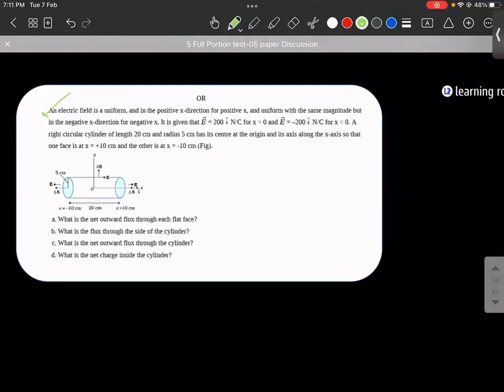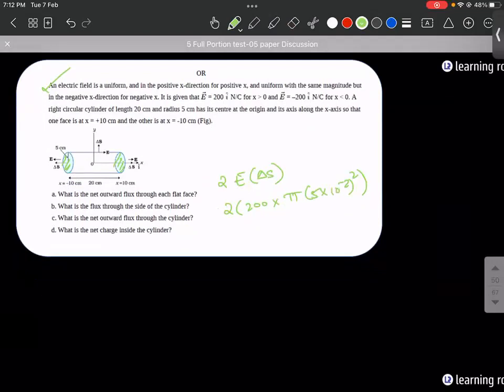This is again a textbook problem. What is the net outward flux through each flat face? It is 2 times E into delta S. So 2 into E value is 200 into area, which is pi into 5 into 10 power minus 2, the whole square. Sorry, each flat face, right?